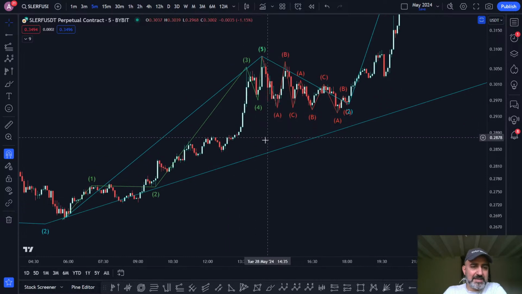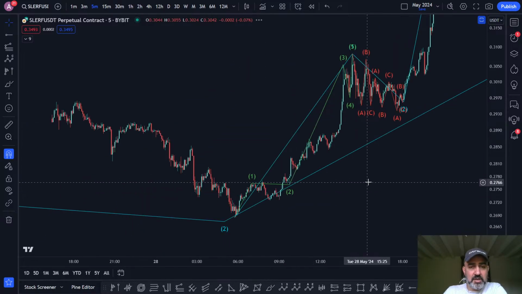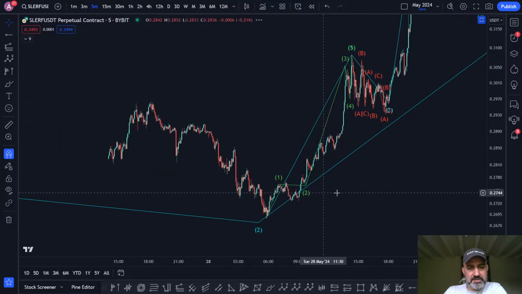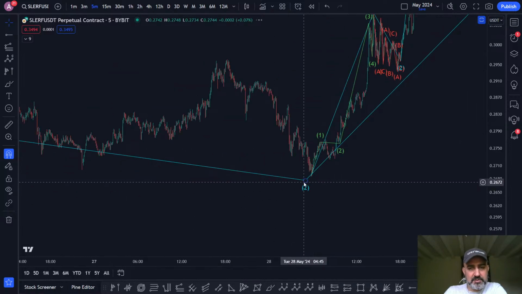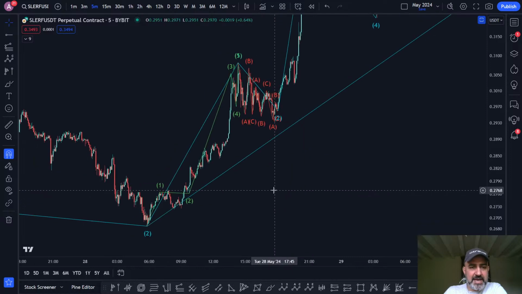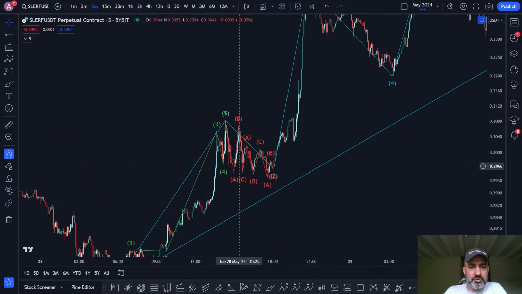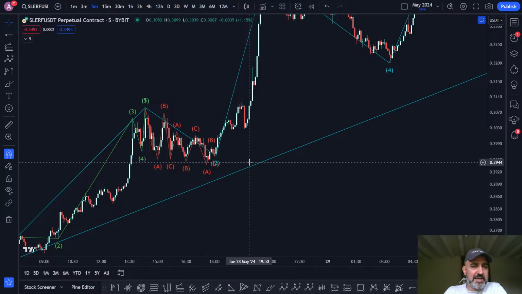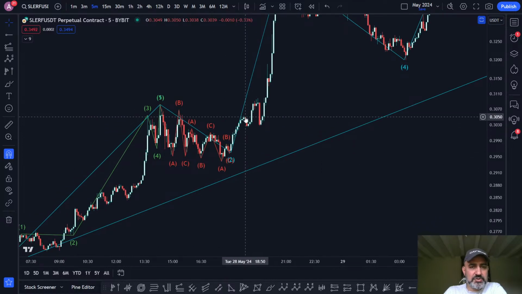This looks better for me. 1, 2. I mean, it could have started here and not there, but I'm just taking it from the absolute low for now. And that's your correction. For me, that's quite flat. It's a combination of ABCs, but it's quite flat. And then you start impulsing again.